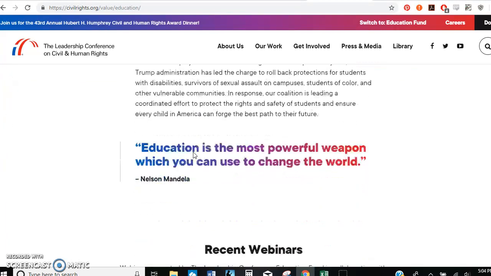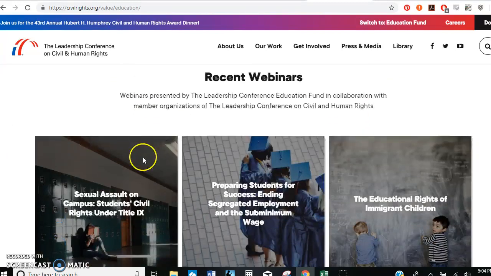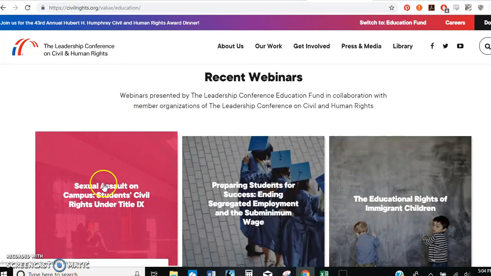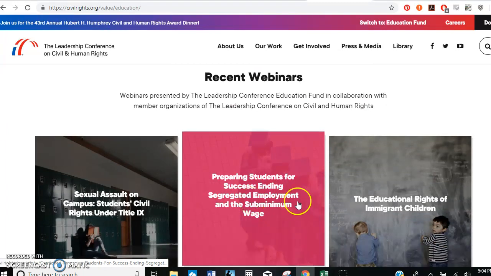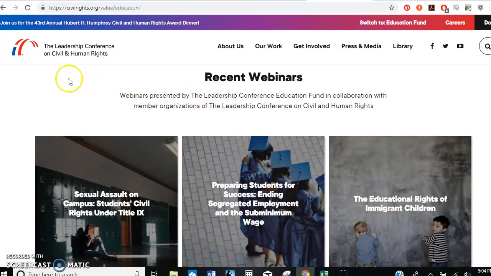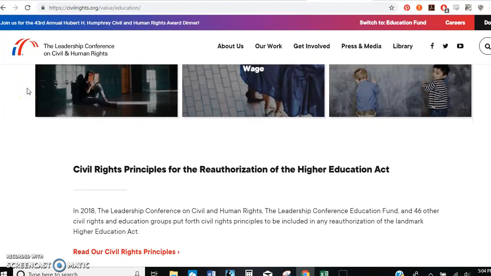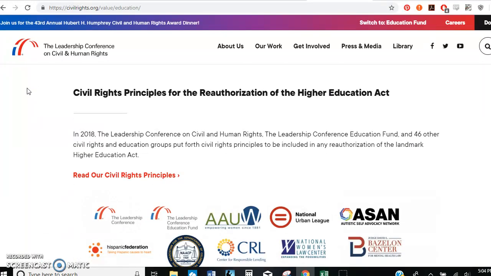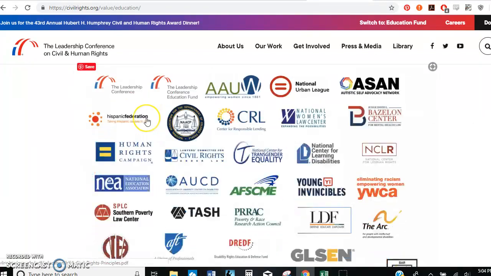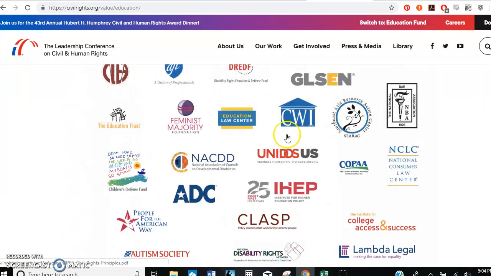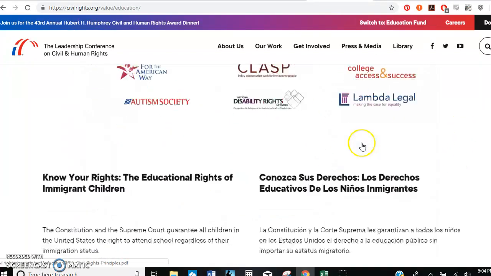You can go through here and see what they mean by this and what work they're doing on sexual assault and preparing students for success. And these are where their focuses are. Either they're protesting, or they're lobbying, or they're providing funds, or they're providing scholarships.